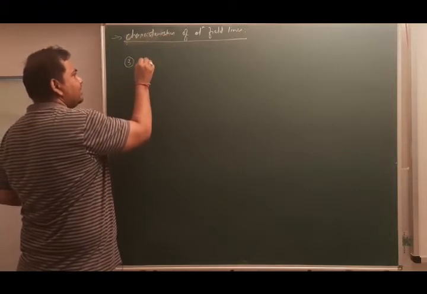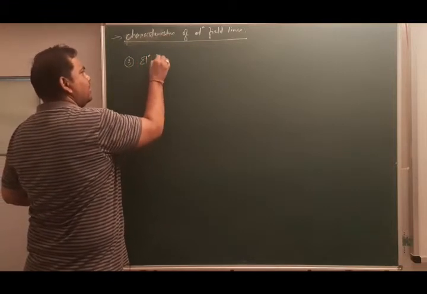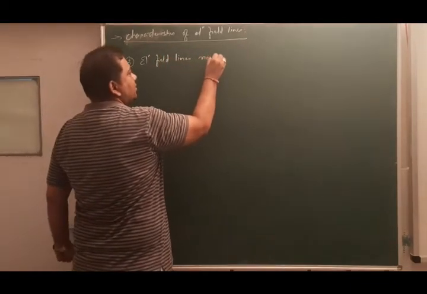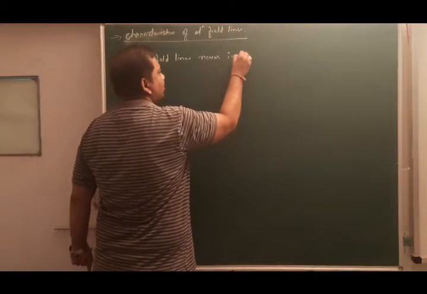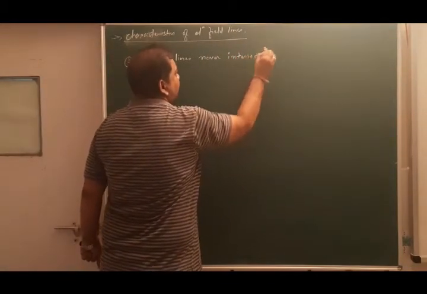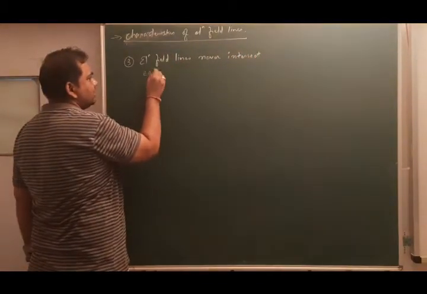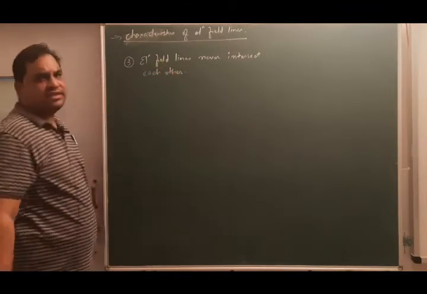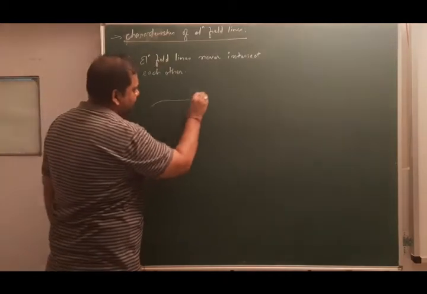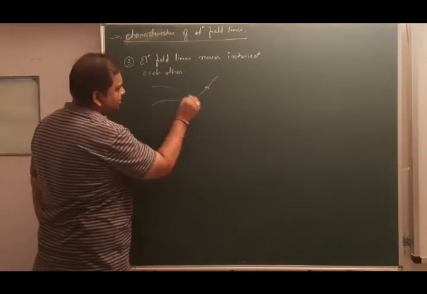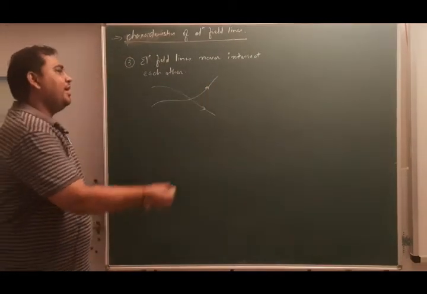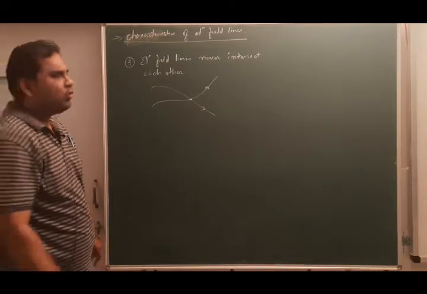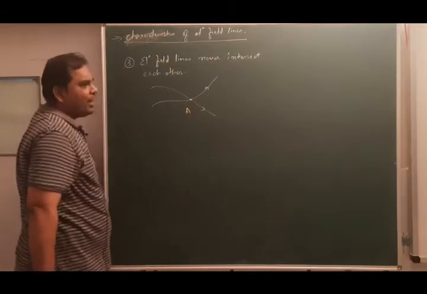Moving on, the third point related to electric field lines is that electric field lines never intersect each other. Suppose you have these electric field lines like this, and suppose they are intersecting at this point A. Then what will happen?